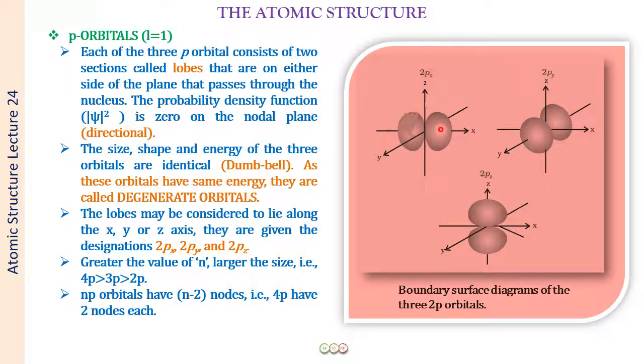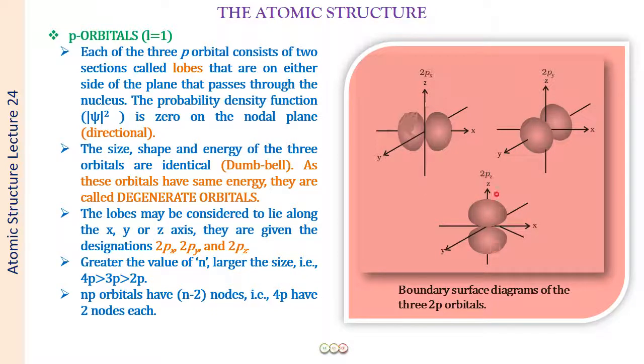Okay, and that is going to be 0, the probability density psi square is 0 on the nodal plane. Now these are all directed according to the various coordinates. The px is directed towards the x coordinate, py towards the y coordinate, and pz towards the z coordinate.